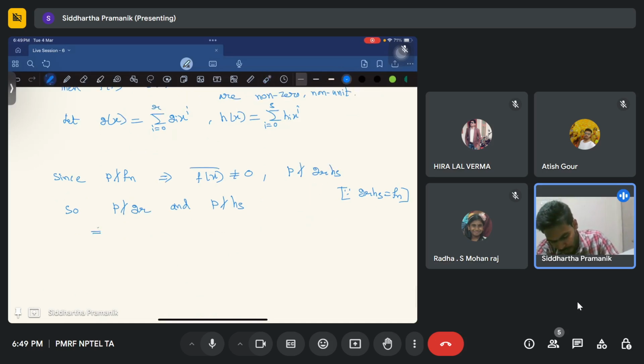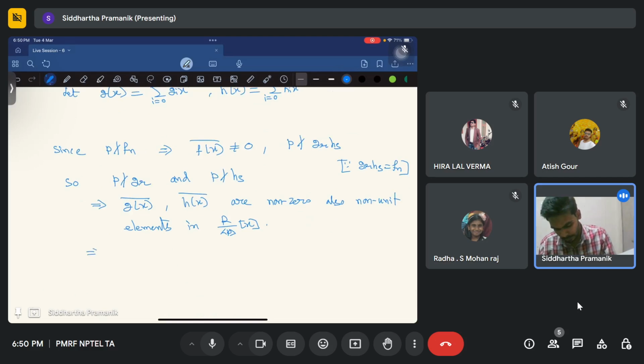So this will imply gx bar and hx bar are non-zero and also non-unit elements in R mod P of X.